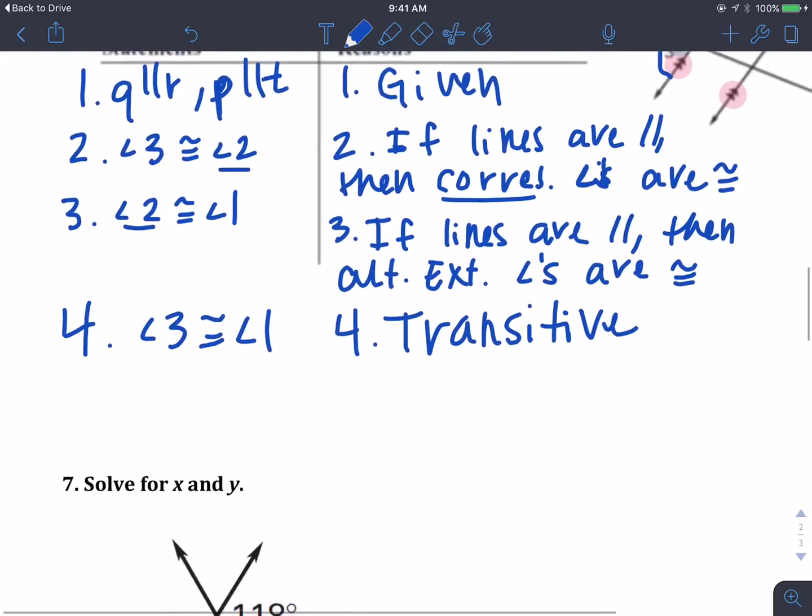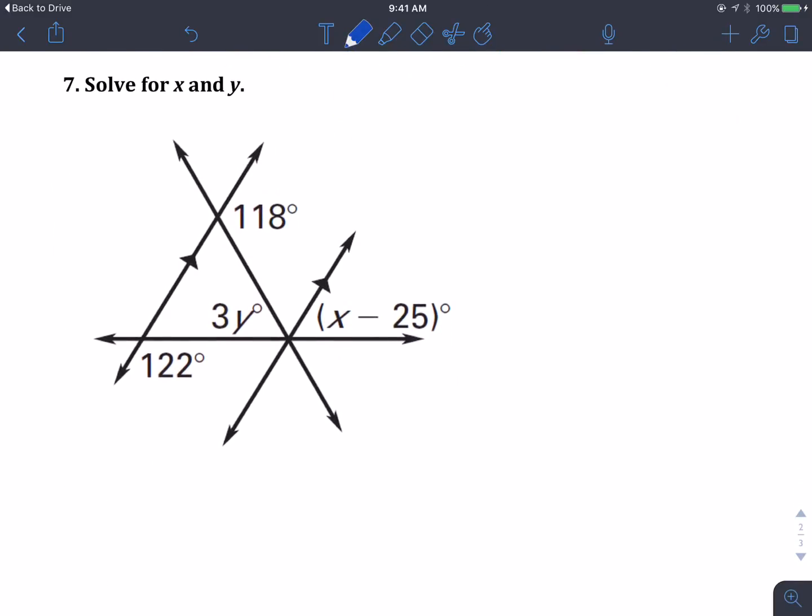All right, last one. Solve for x and y. So this one, we saw something very similar to this on one of our formatives. We need to look at consecutive interior angles. So those two angles right there add up to 180. So this angle is going to be 62. Same idea over here. These are consecutive interior.